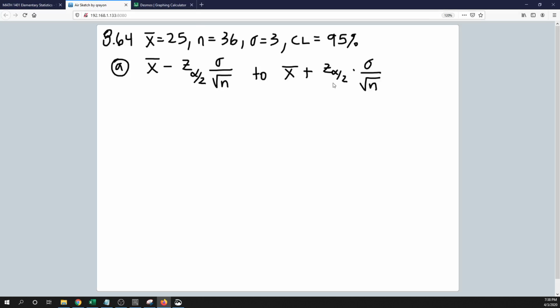That is the upper limit. Okay. All right. And so all we need to do is to calculate that out. X bar is 25. And then minus.